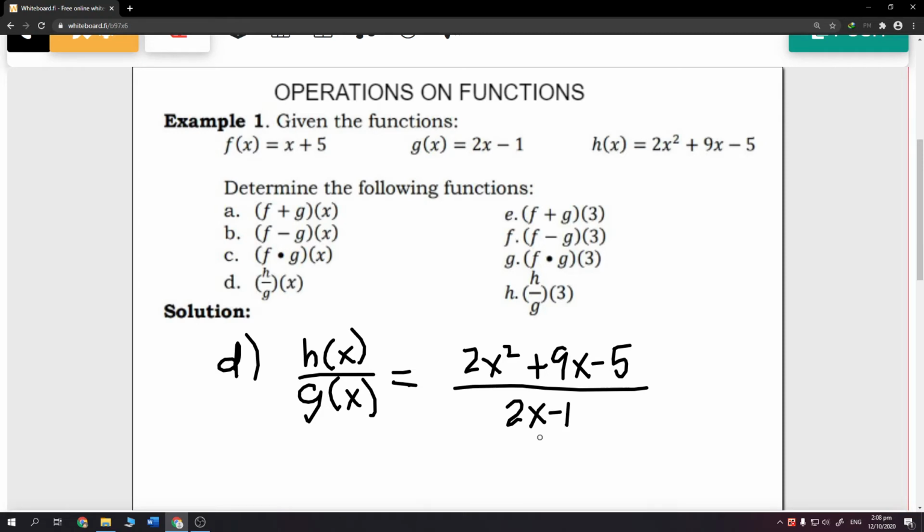We can do this using the factoring method.